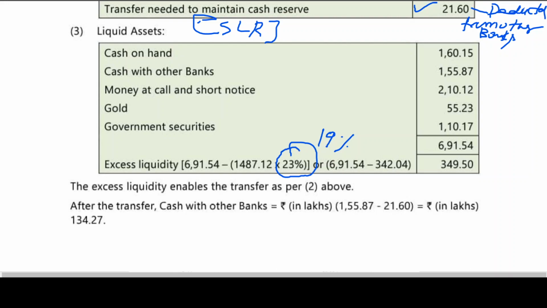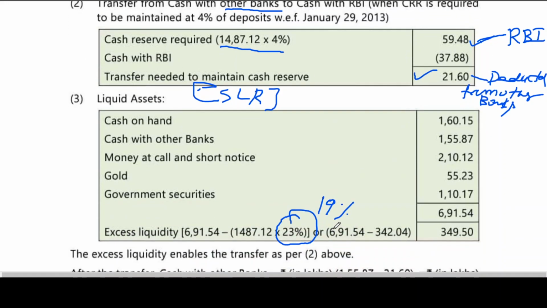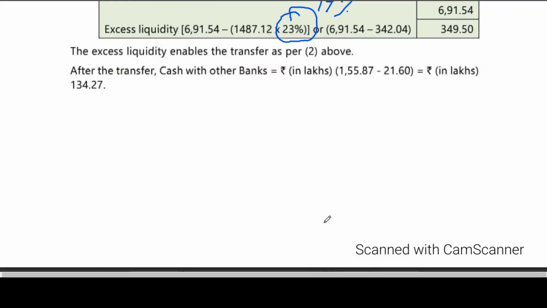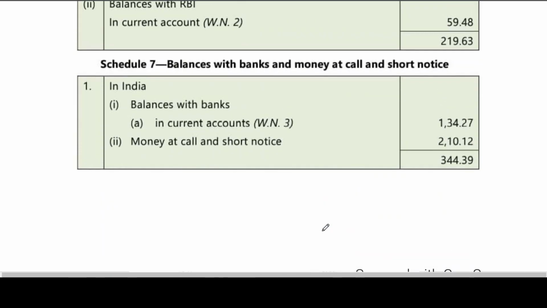Cash with RBI: 37.88 is existing, plus 21.60, you will be getting 59.48 thousands. This is about your working notes. I think we can easily work out the problem now.